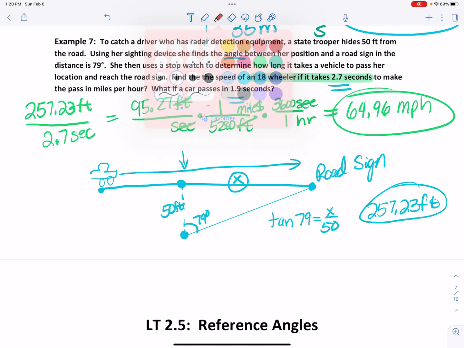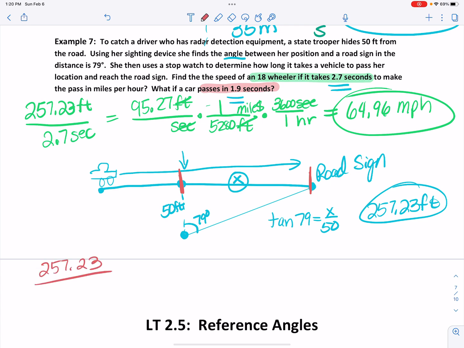All right, so now let's look at the car that passed in 1.9 seconds. Do I really have to start back over on this problem? Isn't this distance going to be the same? So now I'm going to take 257.23, and I'm going to divide by 1.9 seconds.